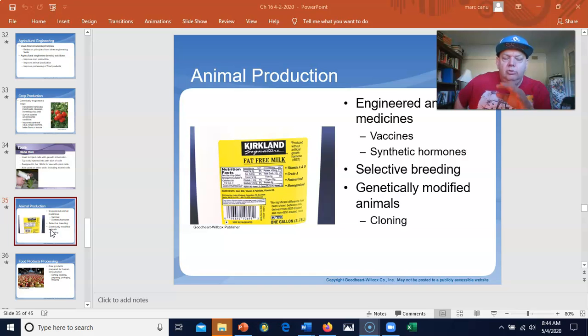So, talking about the thyroid hormone, believe it or not, when we talk about engineered animal medicines, here's a great example of this. My mom had problems with her thyroid as a kid. When the doctor gave her medication, it went to the other extreme.